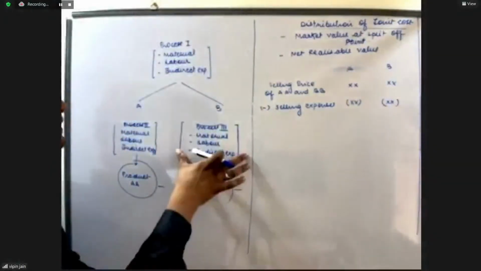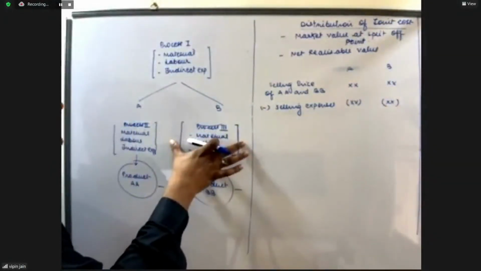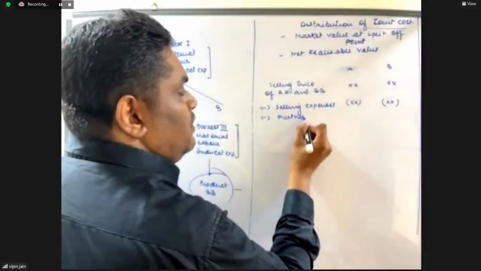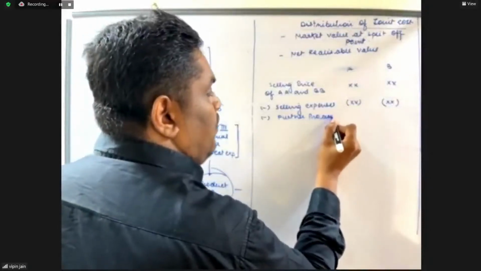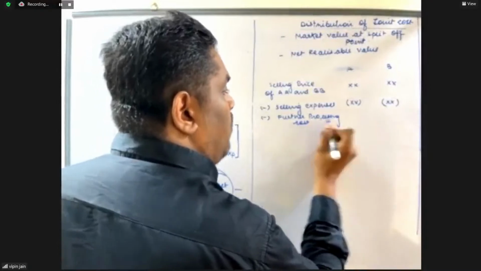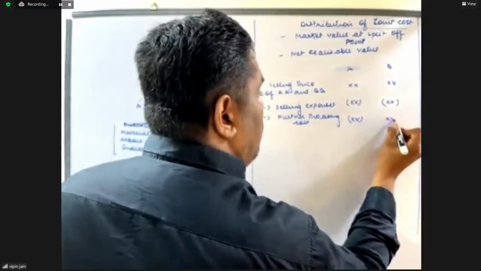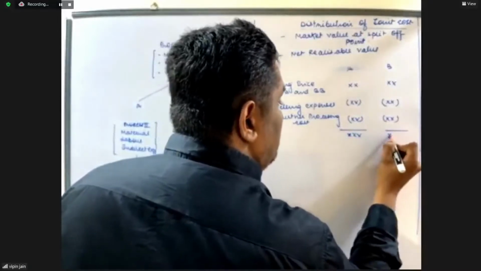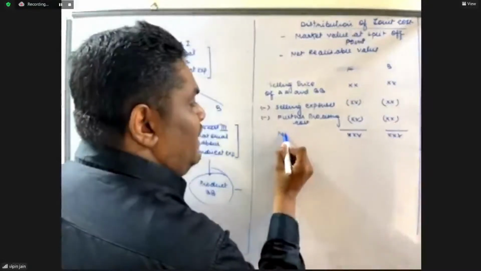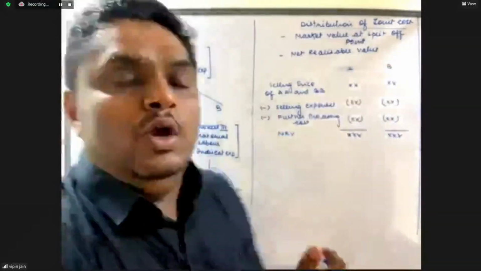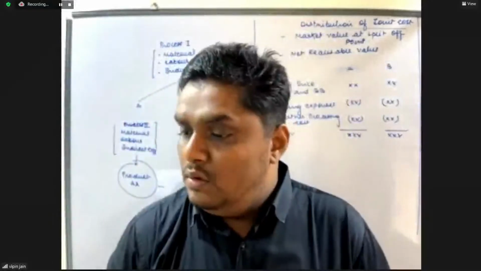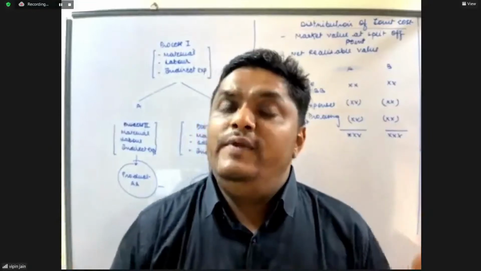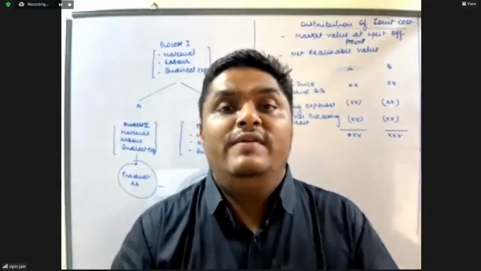Further, we will deduct the cost of process second and process third. That is what we call the further processing cost. So the value as calculated will be my net realizable value of product A and B. So if the market value of product A and B is not available, we'll calculate the dummy market value with reverse calculation.